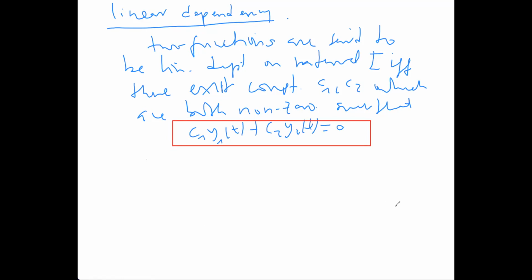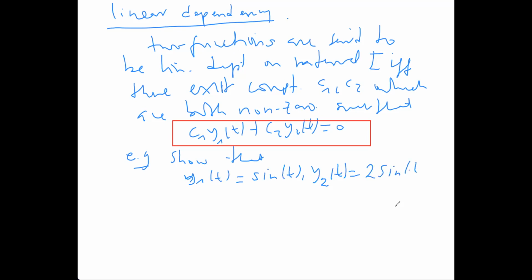So, example. Show that y1 of t equal to sine t and y2 of t equal to 2 sine t are linearly dependent.